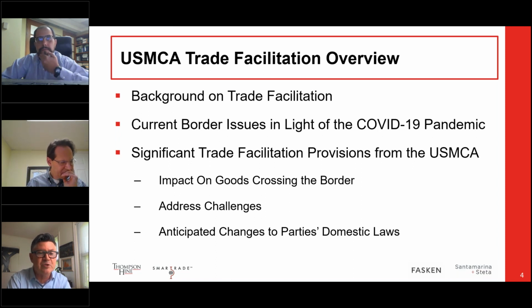Time won't allow us to drill down much on each one, but we're going to try and cover significant matters like the impact the specific provision could have on goods crossing the border, any challenges that I or the panelists might see, and any anticipated changes that we think have to be made to US, Mexican, or Canadian domestic laws.